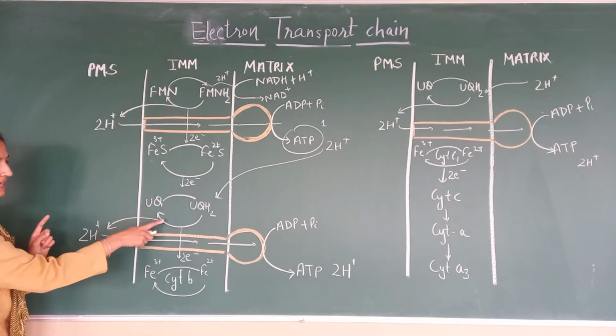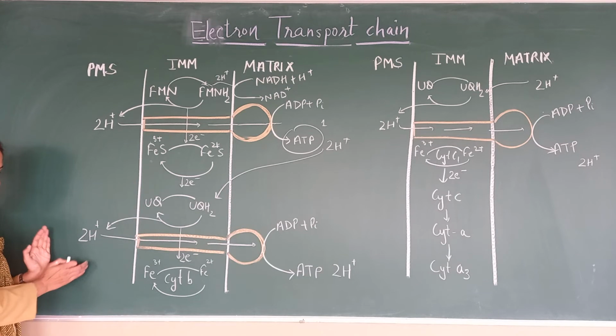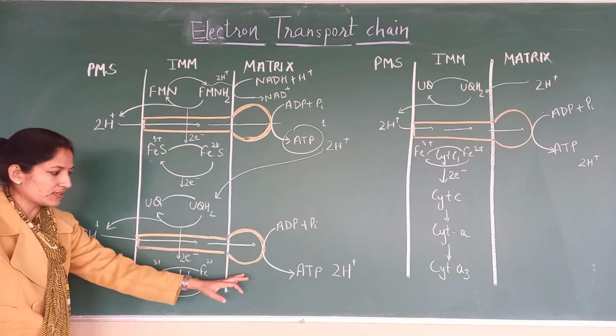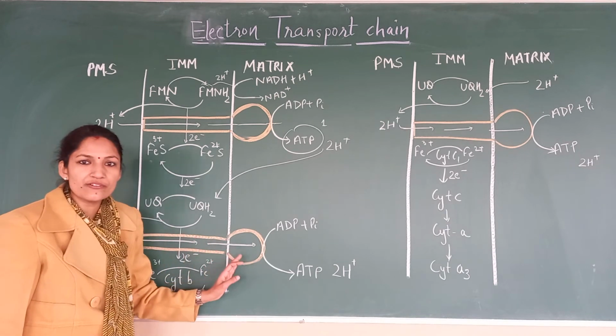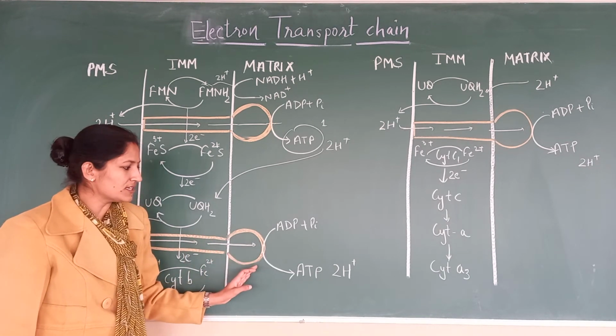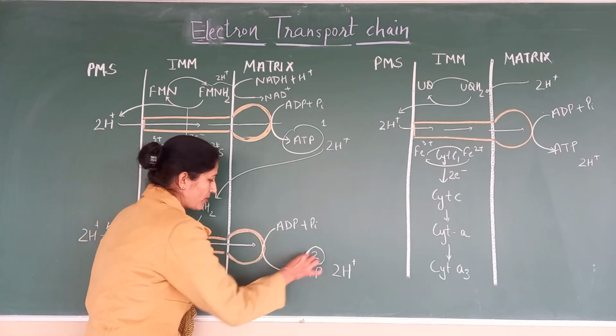While getting oxidized, it releases the protons into the membranous space. Again the process is the same, higher concentration to lower concentration movement will take place. That results in release of energy. That energy is used to make ATP. So this is the second ATP which is formed.